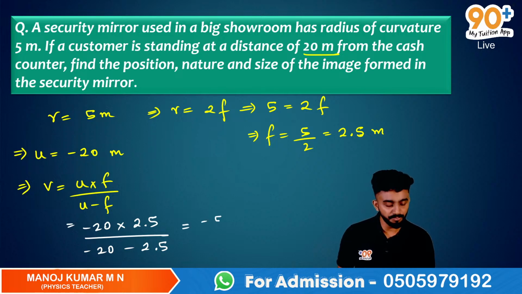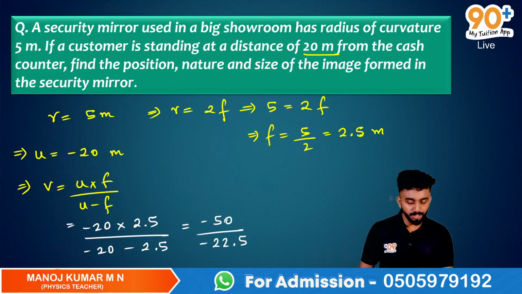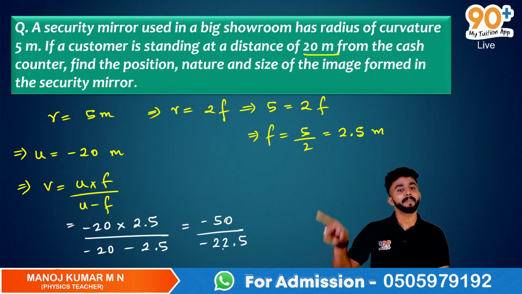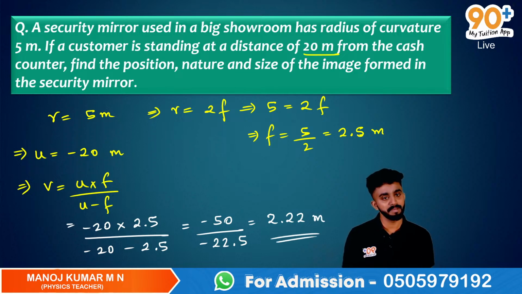So it is minus 50 divided by minus 20 minus 2.5, which is minus 22.5, right? So we can consider 50 divided by 22.5. You will get 2.22. So minus 50 divided by minus 22.5 is positive 2.22. 2.22 meters is the image distance.